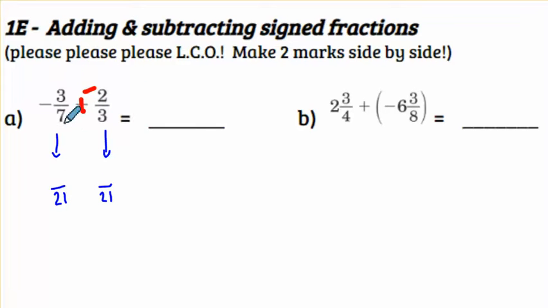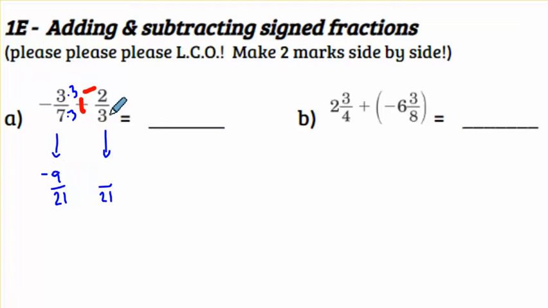All right, let's think about how do we get from 7 to 21? Well, I multiply by 3. So I'll multiply by 3 on the top, and 3 times 3 is 9. And the negative sign can go in front, it can go at the bottom. I personally like to put it on the top because I'm not as likely to forget that it's there, because I see it attached to the numerator.